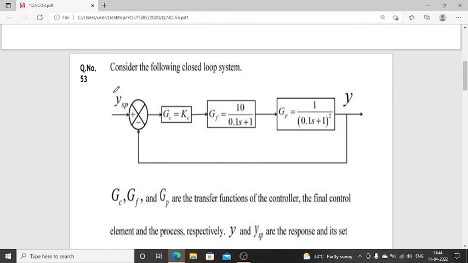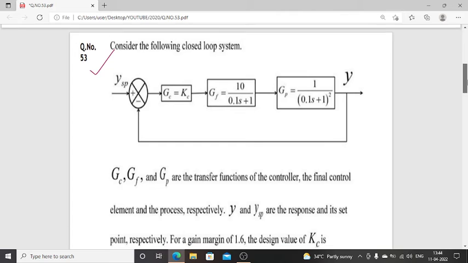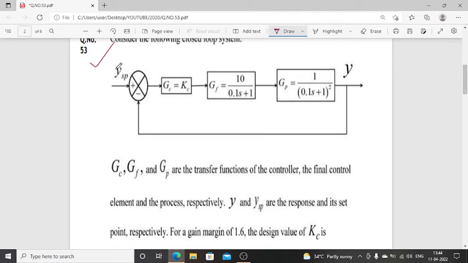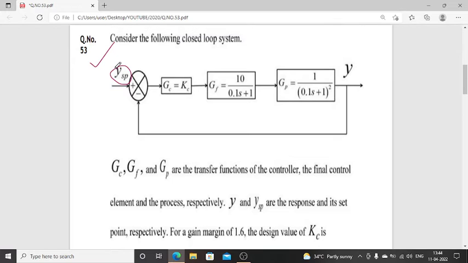Question number 53. Consider the following closed loop system. YSP is equal to set point. GC is equal to KC, the transfer function of the controller.